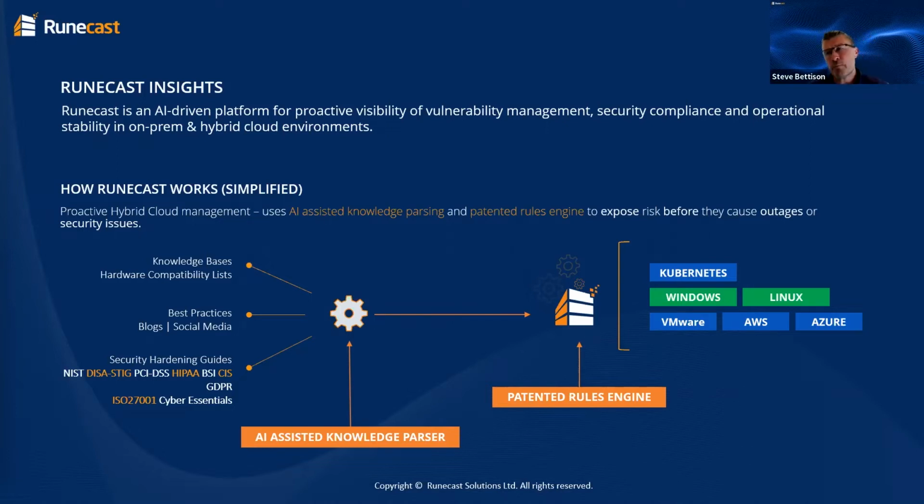How do we do that? Well, we have an AI engine that sits behind the scenes, and information goes into that AI engine: information from knowledge base articles from VMware, hardware compatibility lists, best practice guidelines, blogs, social media, security hardening guidelines.